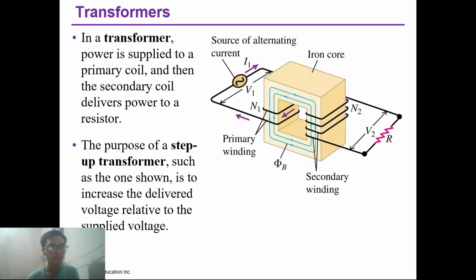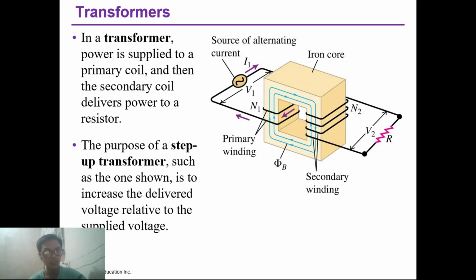So we have here the transformers. In a transformer, the power is supplied to a primary coil, and then the secondary coil delivers power to a resistor. The purpose of a step-up transformer, such as the one shown in the picture, is to increase the delivered voltage relative to the supplied voltage. Based on this diagram, we have the source of alternating current found at the edge. Then we have the primary winding, the magnetic flux, the secondary winding on the other side, and the iron core.